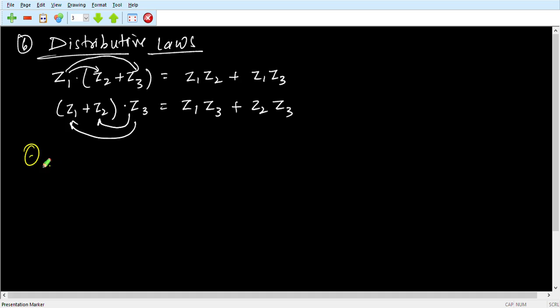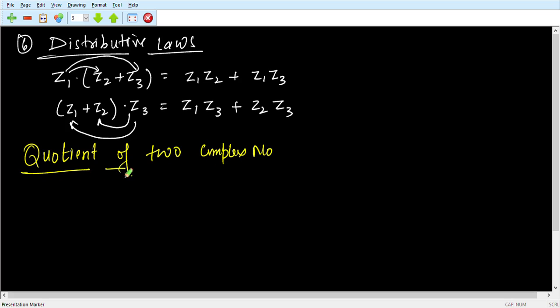It's very easy, because you have gone through the idea of complex numbers step by step, so you will not feel any problem while dealing with such problems. Quotient of two complex numbers: let us suppose I am having two complex numbers z1 and z2 such that z2 is not equal to 0.